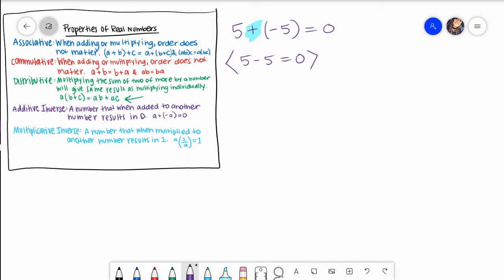But if you're asked, what is the additive inverse of 5? The answer is your -5, because that's the number that I used to get my other number to go right here to 0. Okay, so I want to actually do another one of those without all the extra going on there.